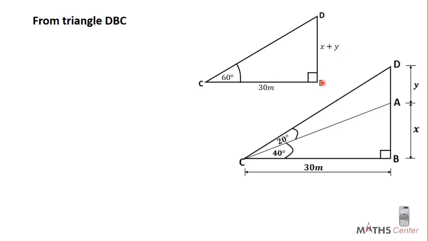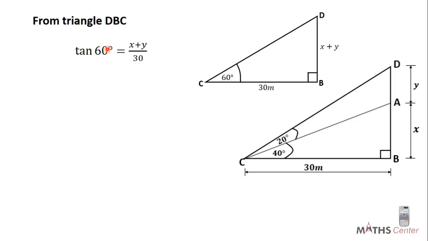And the length BC is 30 meters, as it can be seen here. So on this triangle too, we can see that x plus y is opposite to 60 degrees and 30 meters is adjacent to 60 degrees. So we have opposite, we have adjacent. So we are going to use tan.